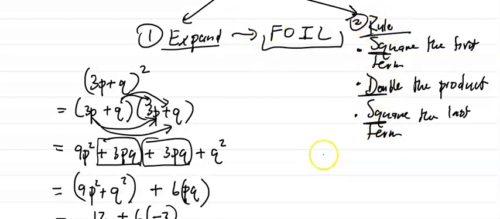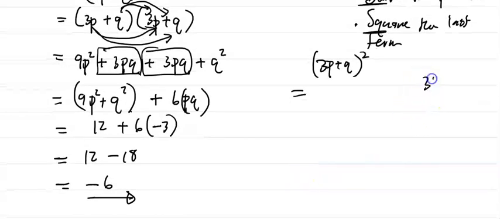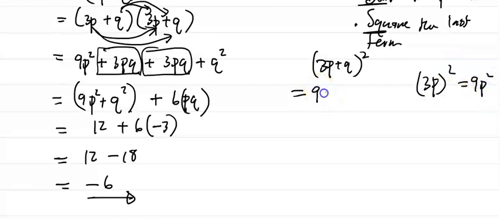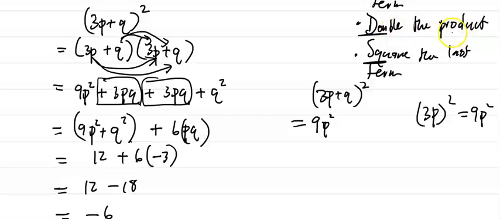So let's look at it. So it will be 3p plus q all squared equals. If you square the first term, remember 3p all squared is equal to 9p squared. So therefore you get 9p squared. Step number 2, double the product of the two terms. Product means to multiply the two terms and then double it.